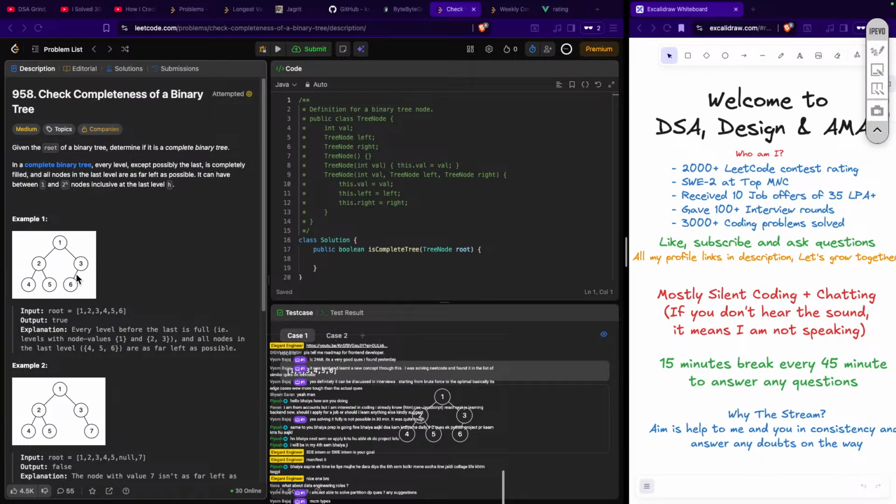So what I mean here is that I'll check one. If one's left is not equal to null, then you would add it, right? If, let's say, its left is equal to null and its right is not equal to null, then also you'll return false.